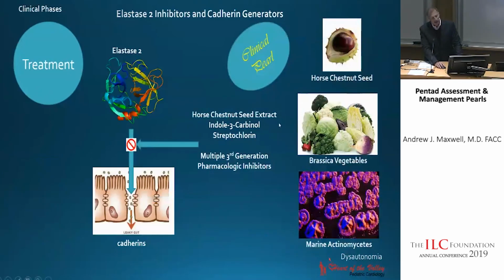Horse chestnut seed extract and indole 3-carbinol are two supplements that can be purchased, and so I'll put patients on that to see. This is particularly patients who are really blossoming with their Ehlers-Danlos and ribs popping out on a daily, moment-to-moment basis. Then I'll put them on this to see whether I can change that, because it seems that that's at least something that is almost measurable as opposed to everything else.